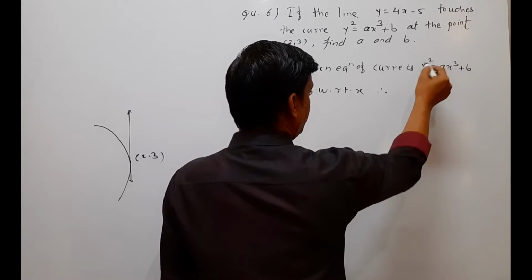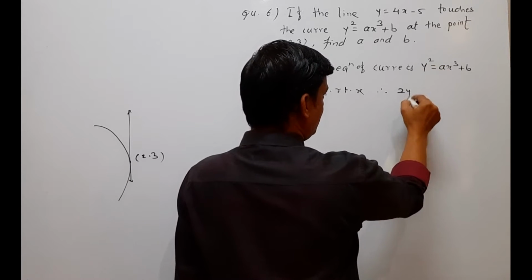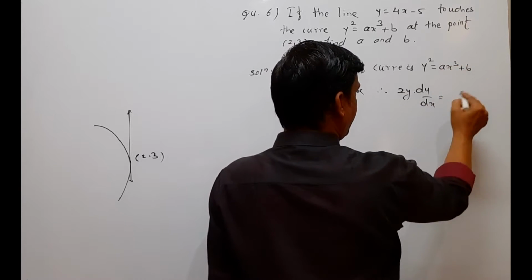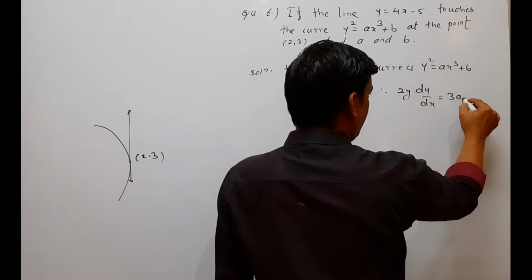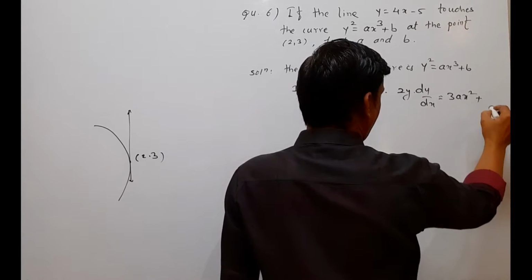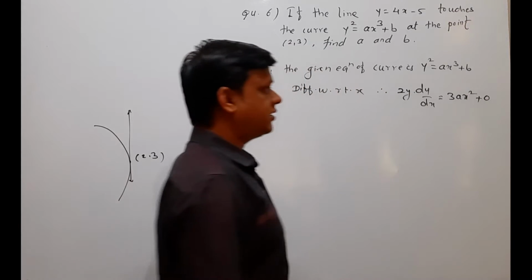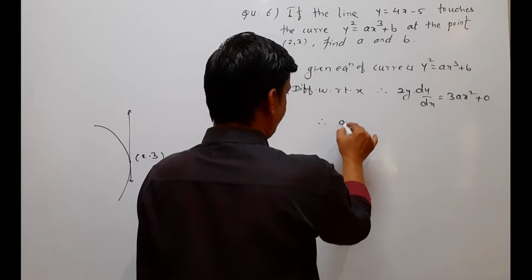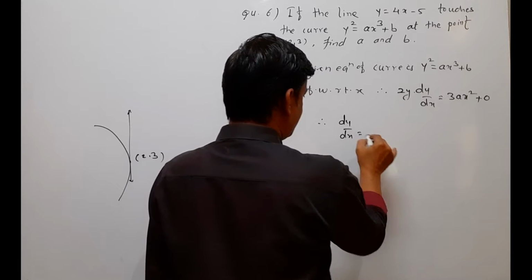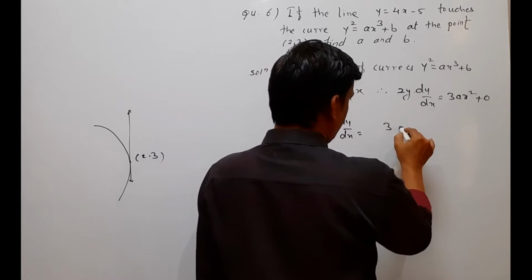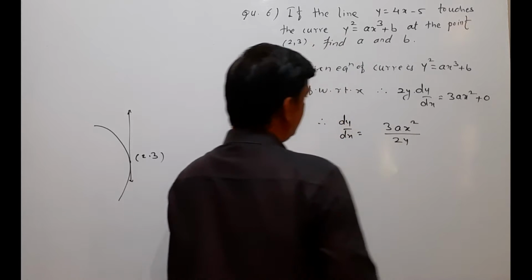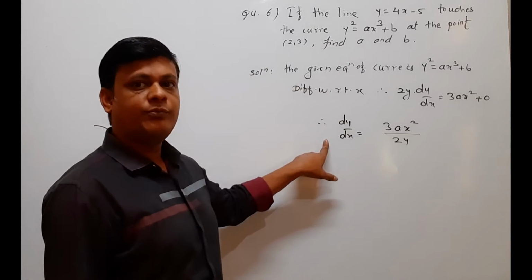Therefore, we get derivative of y square as 2y into dy by dx, and derivative of ax cube, that is 3a into x square, and b is a single constant, so its derivative is 0. So write dy by dx here. Therefore, dy by dx is equal to 3a x square upon 2y. Now this is the slope of tangent.